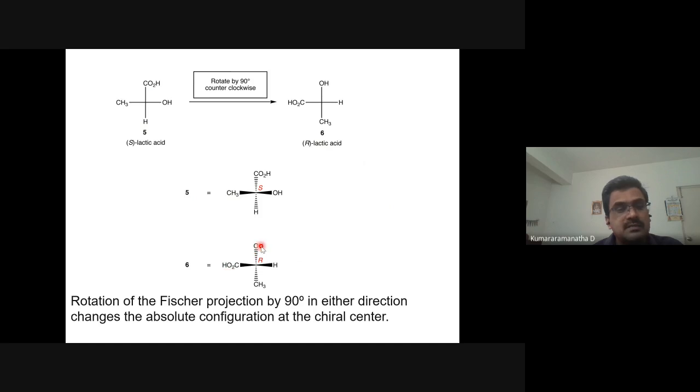So as if you keep everything in one plane, okay, you get R kind of assignment, hydrogen leaving aside. So what essentially we are looking at here is, if you rotate a Fischer projection by 90 degrees clockwise or counterclockwise, you can make enantiomers. If you get R, you get S. If you are having S, you can convert into R.